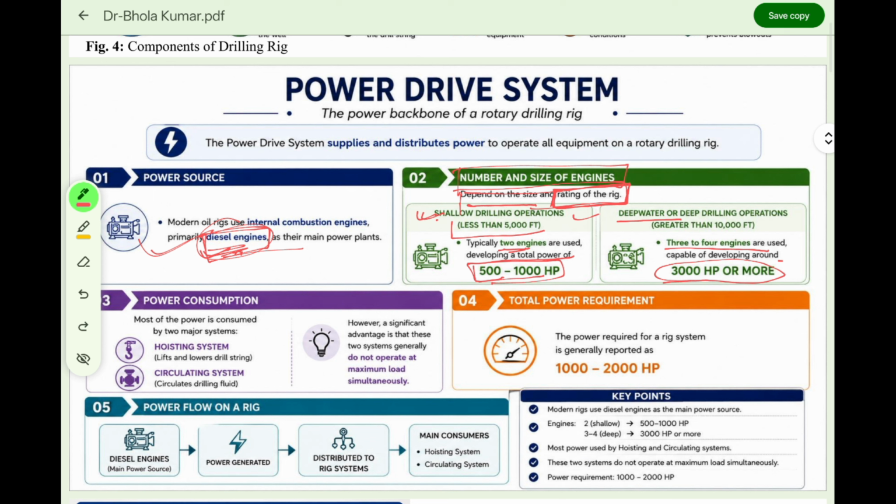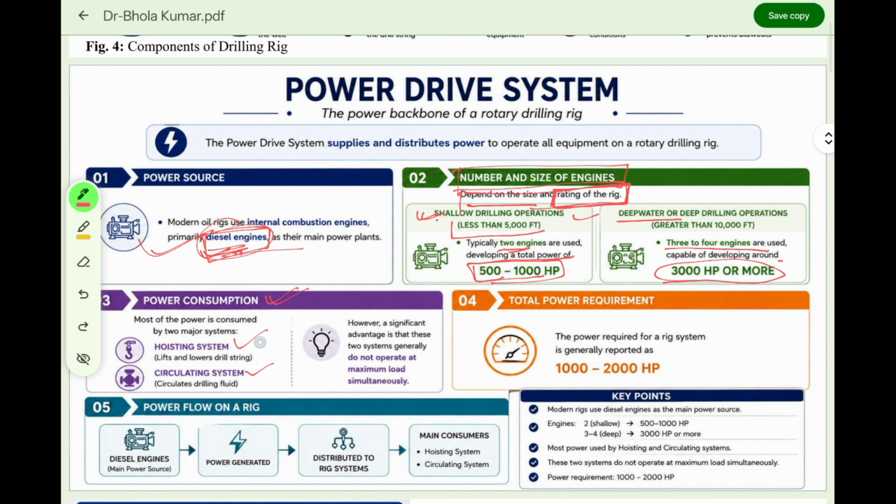The next most important thing is power consumption. All six components we have discussed consume power, but most of the power is consumed by two systems, the hoisting system and the circulating system. Later we will discuss what the hoisting and circulating systems are, so no need to worry.